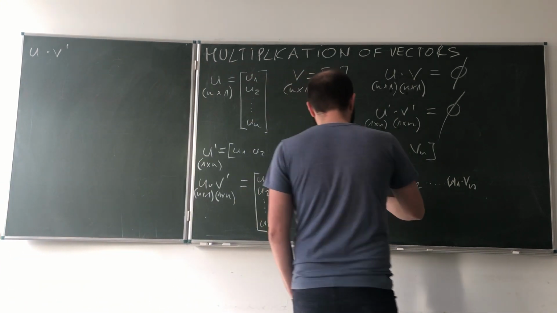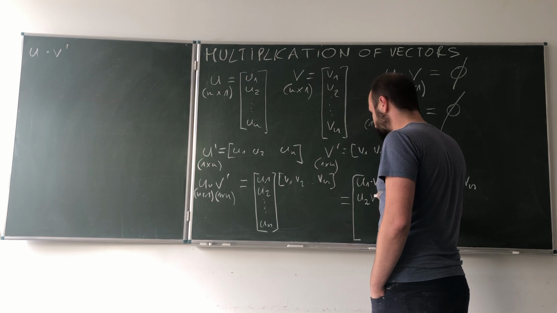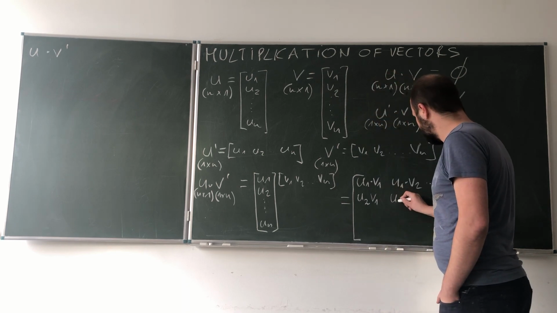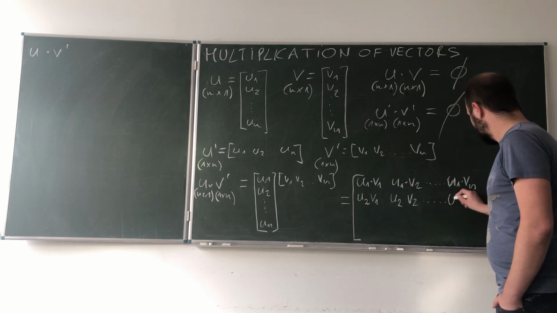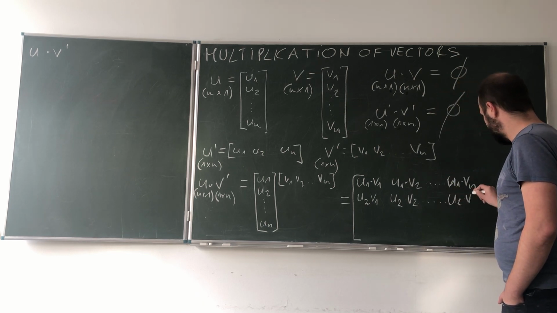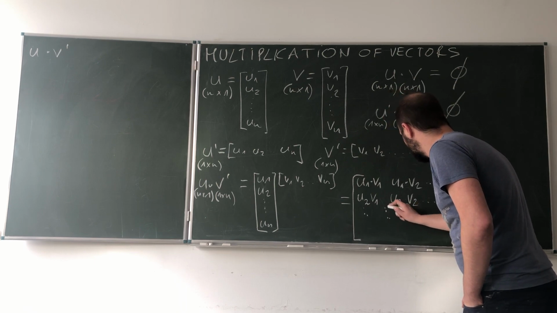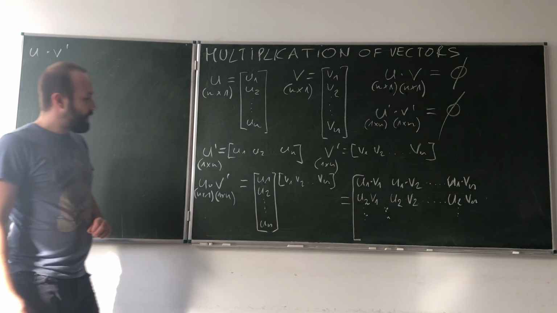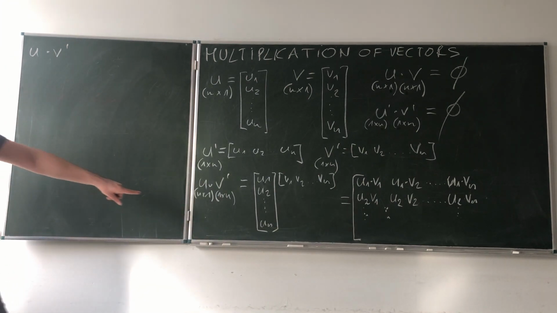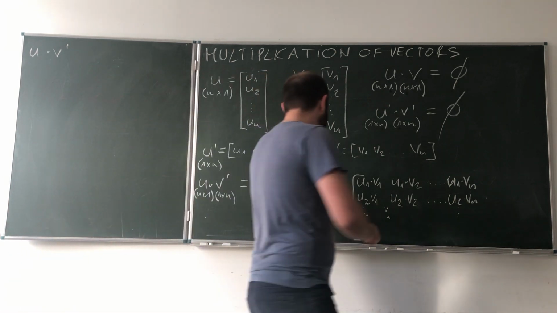So I will have here u2 v1, u2 v2, u2 vn. And of course, we would be going like this until we arrive at the last element in vector u.